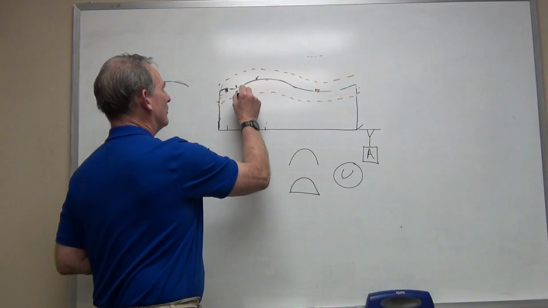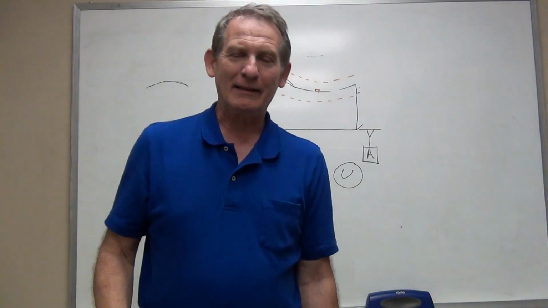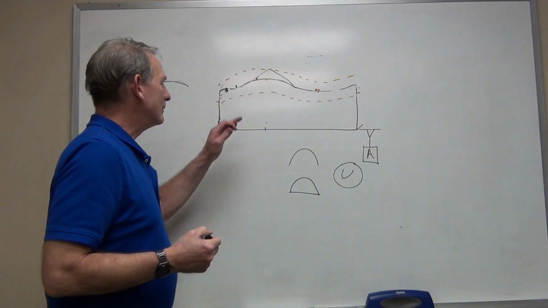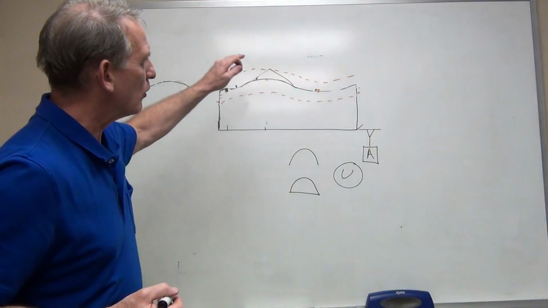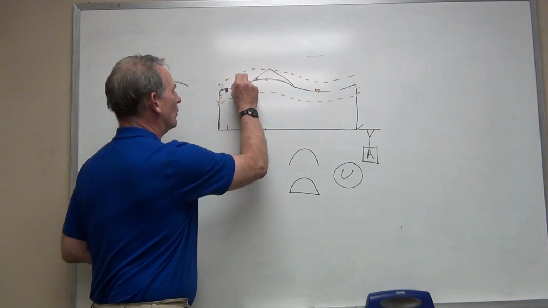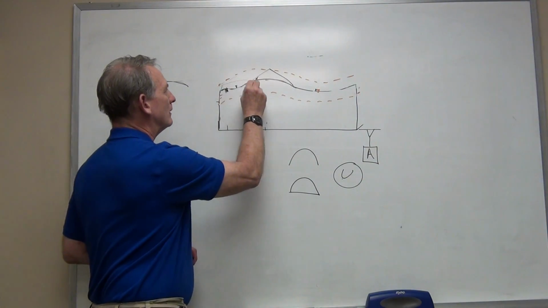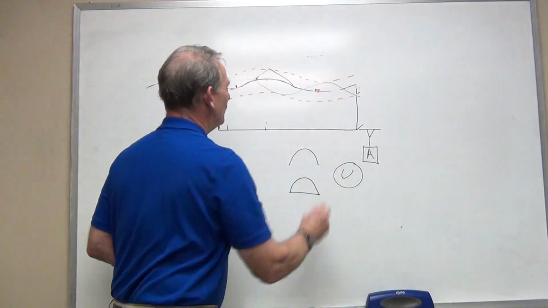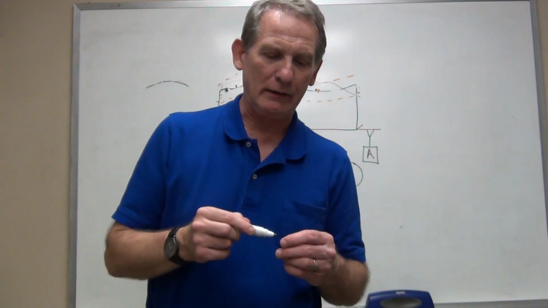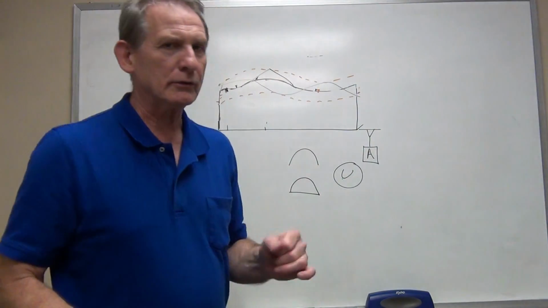So if that surface actually looked like that and fit within that tolerance zone, that would be close enough. It takes care of the size and the form and the position. In other words, this surface can be all the way up here as long as it doesn't violate that boundary, or all the way down there. As long as it fits within the tolerance zone that you've defined and you don't have anything else controlling anything else, that tolerance zone does it all.